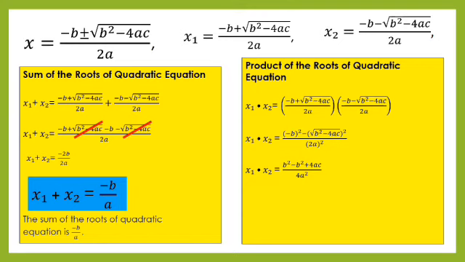We simplify. The square of negative b is b squared. The square of the square root of b squared minus 4ac will be b squared minus 4ac. The square root and the square will be cancelled out.